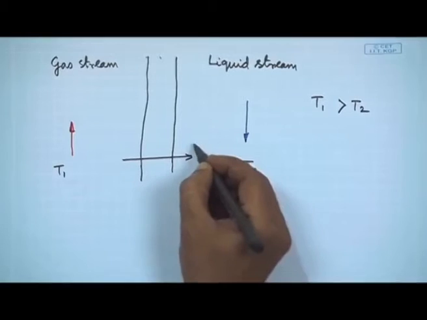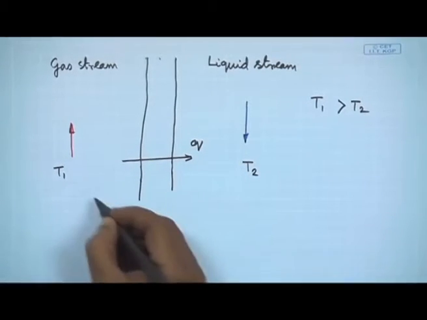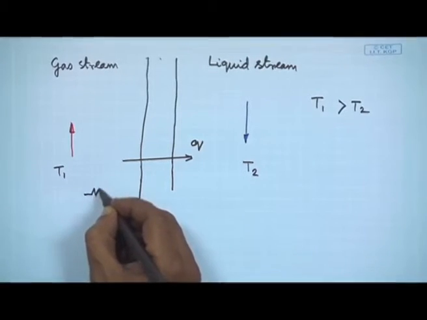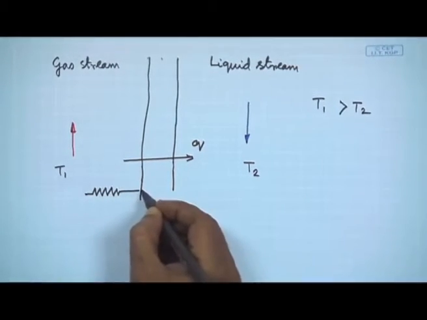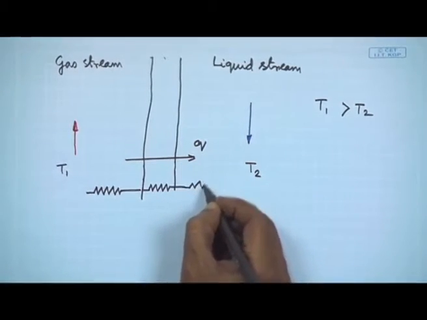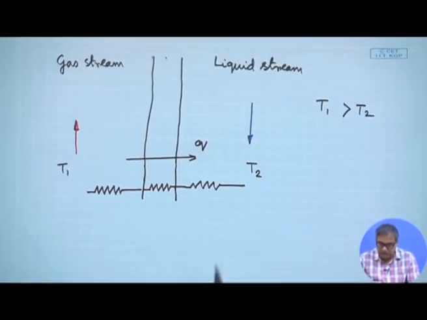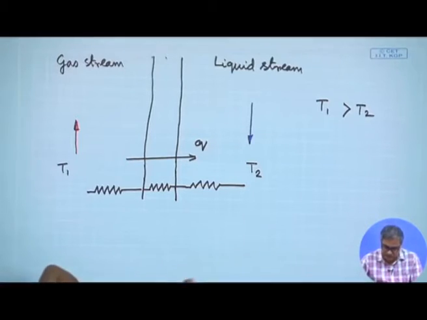So, Q will move from the gas stream to the liquid stream, but there are two resistances. On the gas stream side there is one resistance, there is one resistance in this solid body, which in most cases is a metallic wall, and then there is another resistance on the liquid stream side.